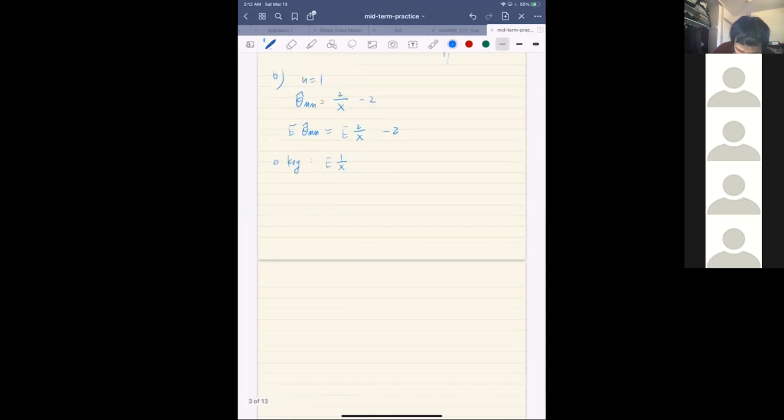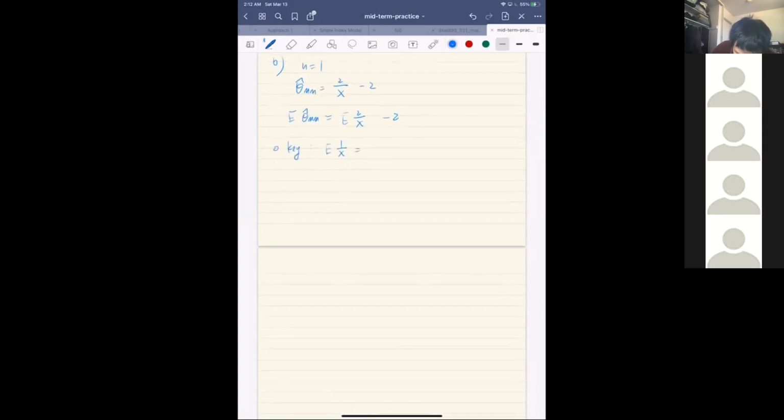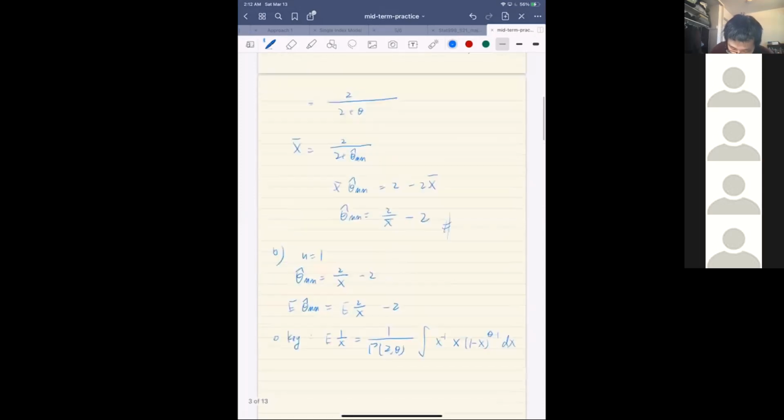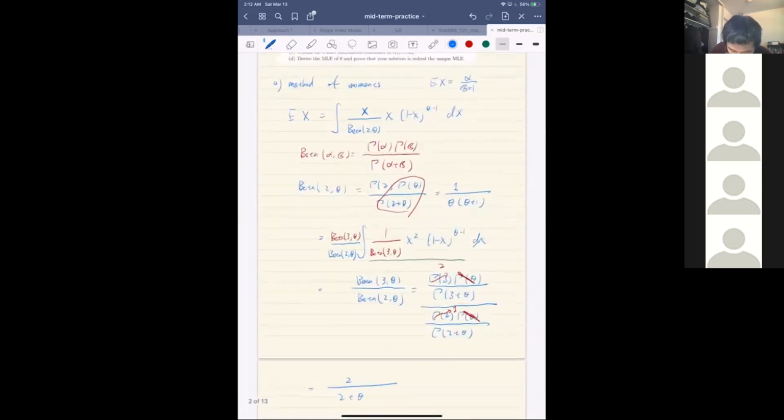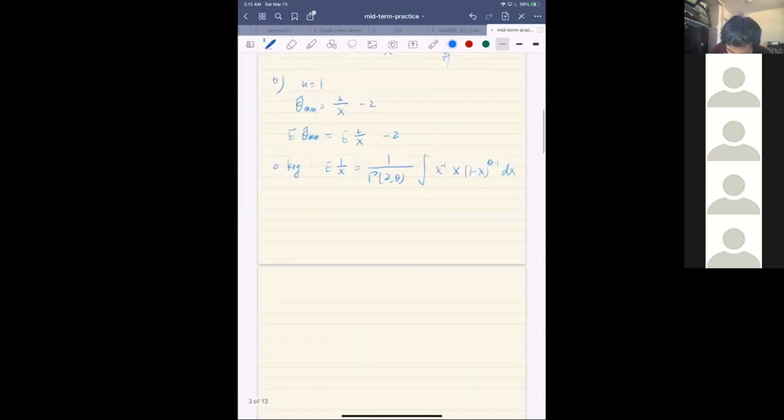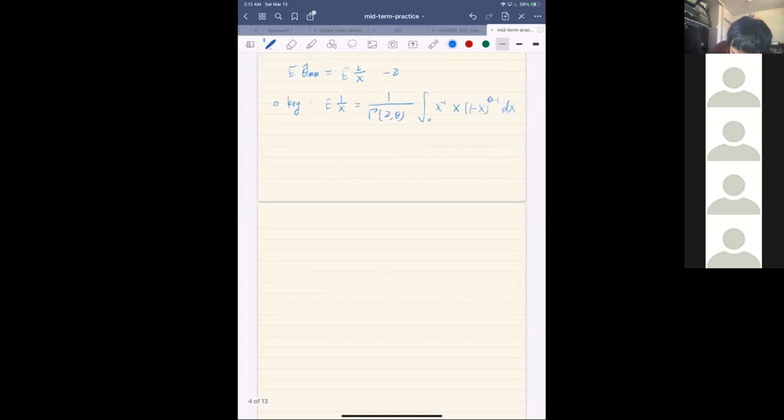So this one is equal to, using the same approach, 1 over B(2, theta) times the integral of x inverse times x(1 minus x)^(theta minus 1) dx, from 0 to 1.